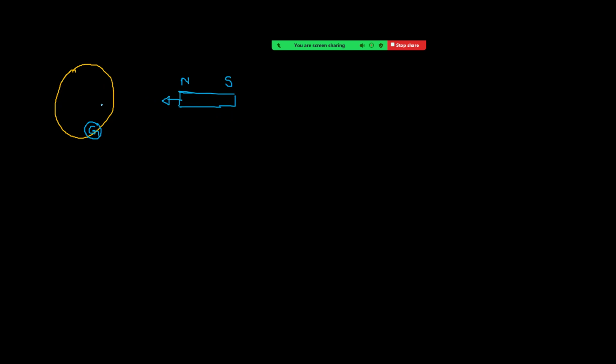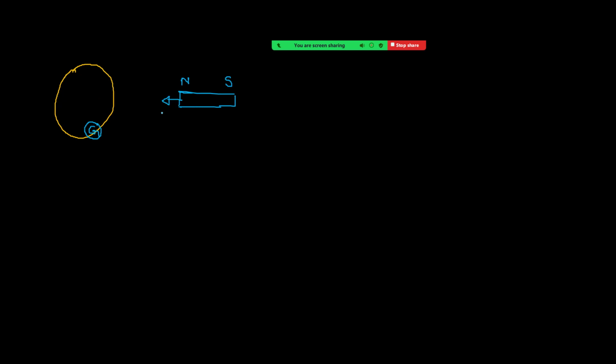Next, the same thing is repeated by keeping the magnet at rest and moving the coil towards the magnet. Again, a deflection is observed in the galvanometer, which means there is a flow of current. Now, the same coil is moved away from the magnet. Then also a deflection is observed, but it is opposite.